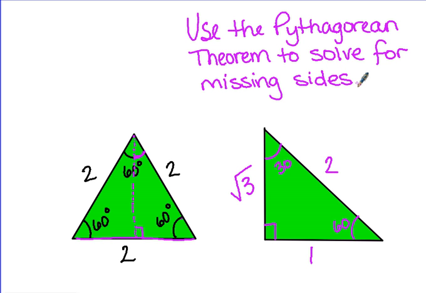And we're also going to use the 30, 60, 90 triangle to compare angles in other triangles. All right, so we're going to use the 30, 60, 90 triangle to find missing sides of similar triangles.